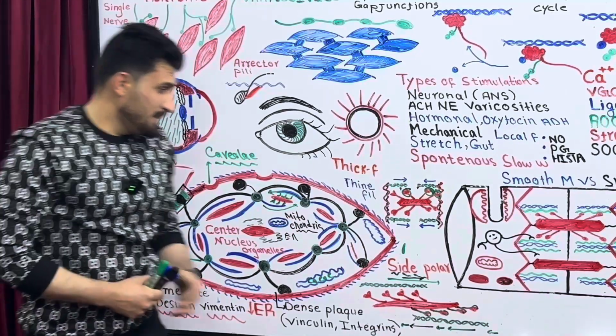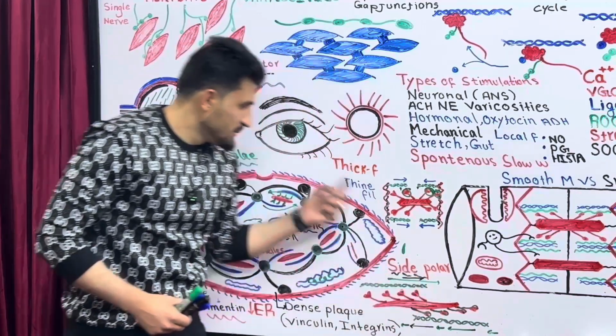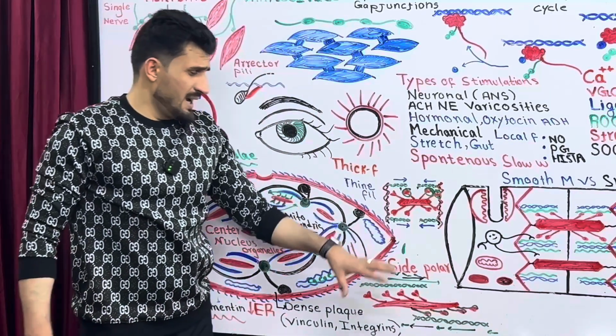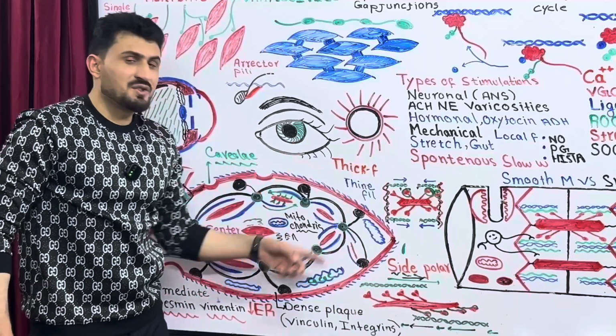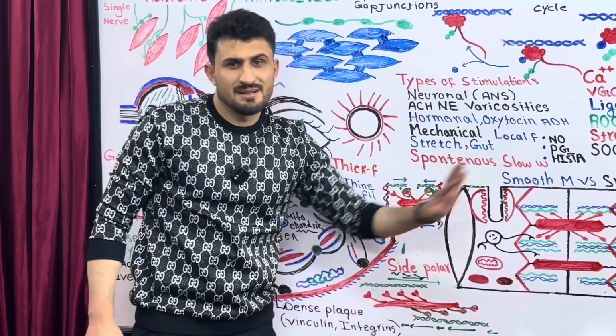So this is a very important arrangement in smooth muscle. Otherwise, the cross bridge cycle in smooth muscle and skeletal muscle is the same.